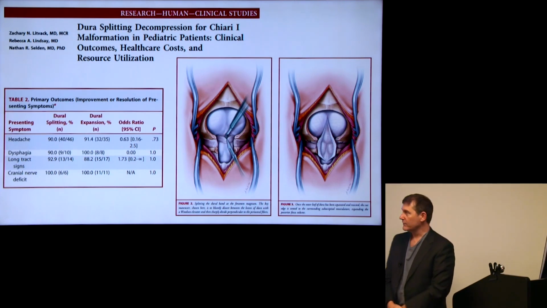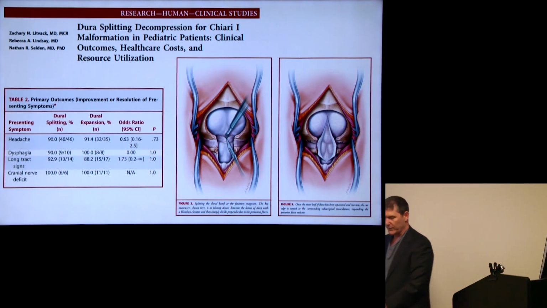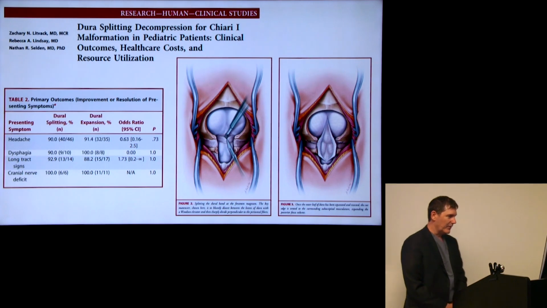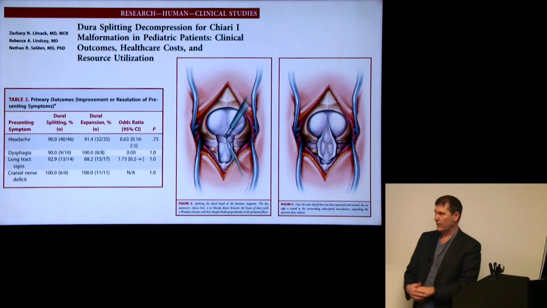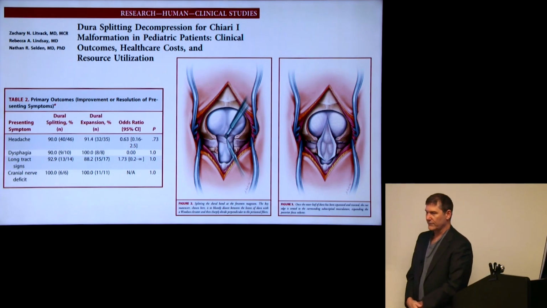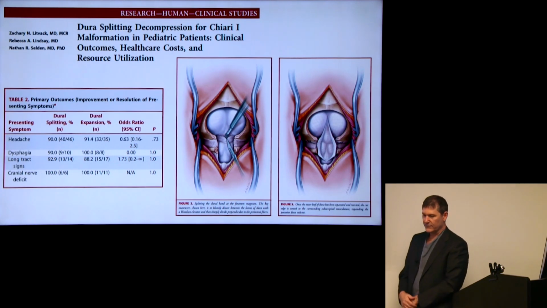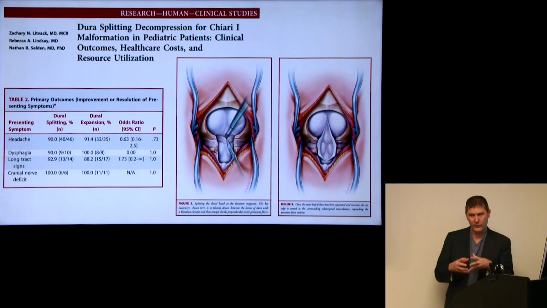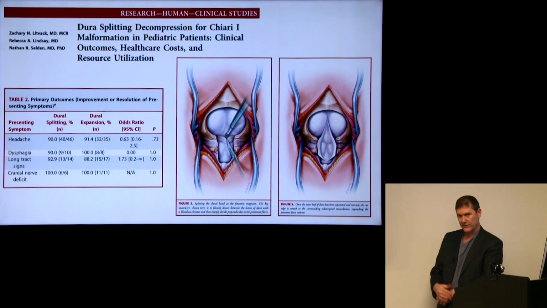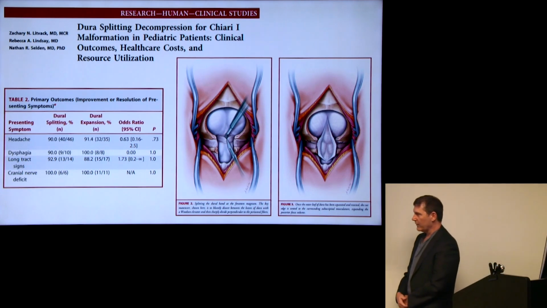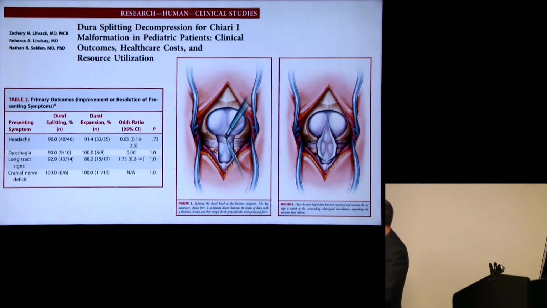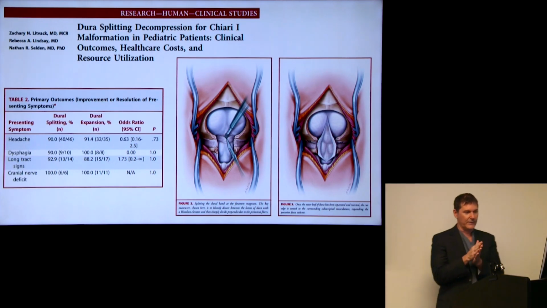So this is a paper that was published by a group from Oregon, led by Dr. Nate Selden, where they said, okay, can we do something other, less invasive than duroplasty? And so they developed this technique, which is an extradural technique, meaning they don't open that layer that contains things like the cerebrospinal fluid. Instead, they strip the outer layer, or split the outer layer of the dura, which is duplicated in this area, away.